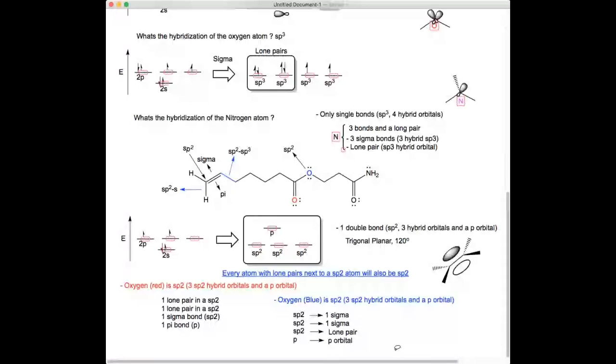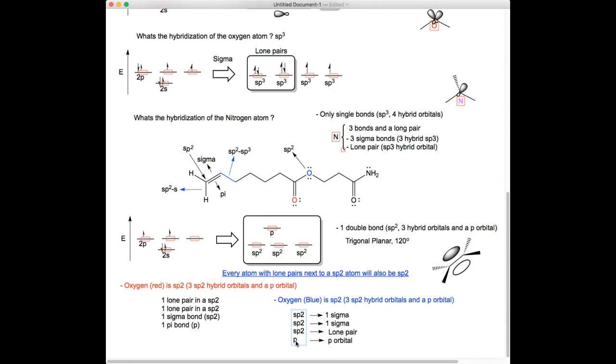Once again, I'm going to repeat how I reason this because this is very important. I said this atom is sp2 because it has lone pairs and it's next to an sp2 carbon. I assign the hybridization to be sp2. The moment I know it's sp2, I know that atom has in the valence shell 3 sp2 and 1 p orbital.